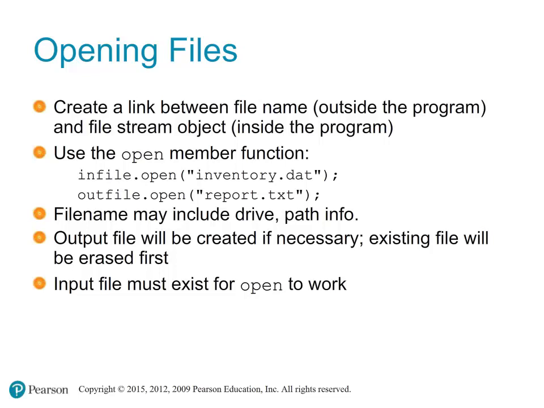The open member function is used to establish this link. By providing the file name as an argument to the open function, you are telling the program which file the stream object should interact with. For example, infile.open, and in the round parentheses you have a double quote.